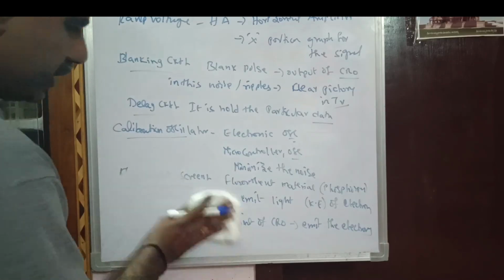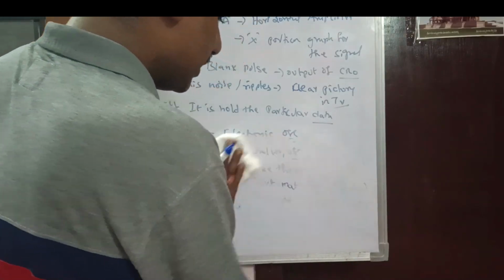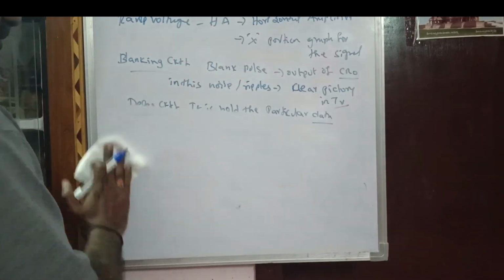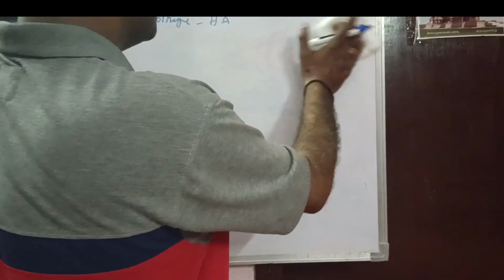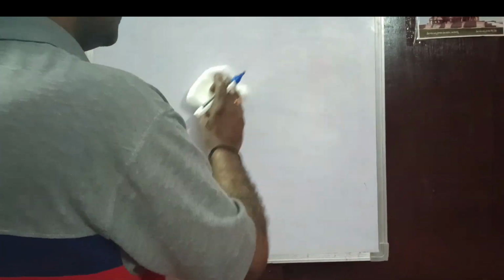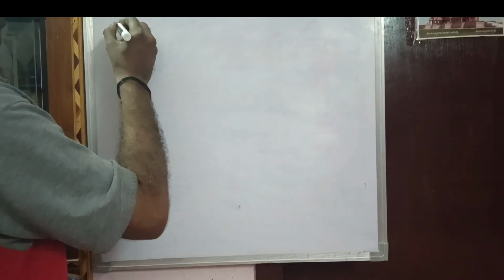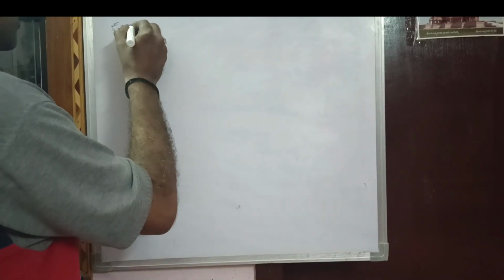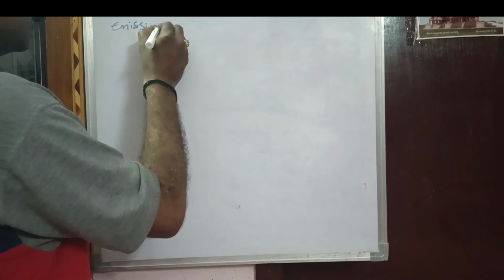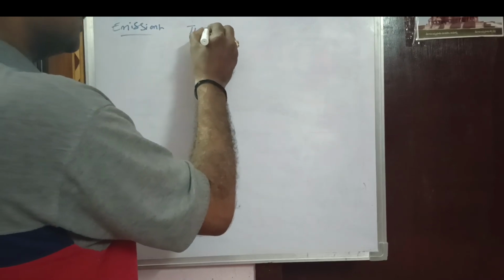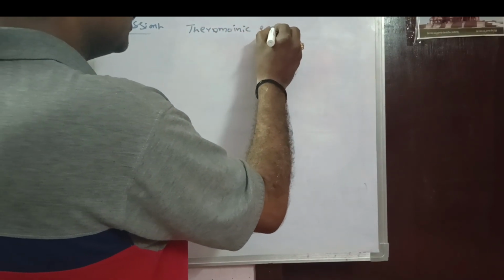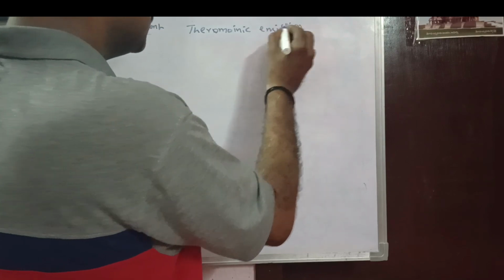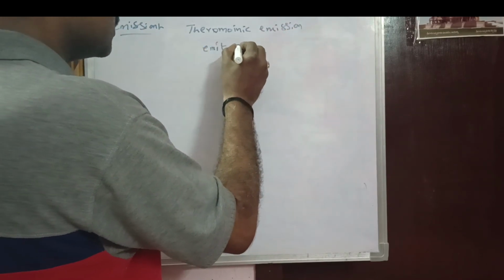Next I want to simplify the CRO. Some important common points: in the electron gun we have emission, nothing but thermionic emission, which is used to emit electrons.